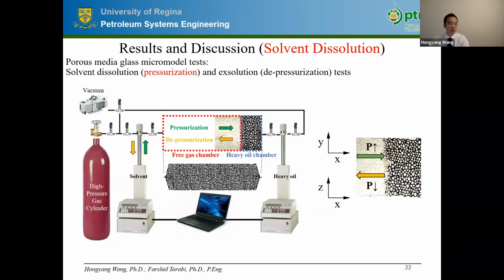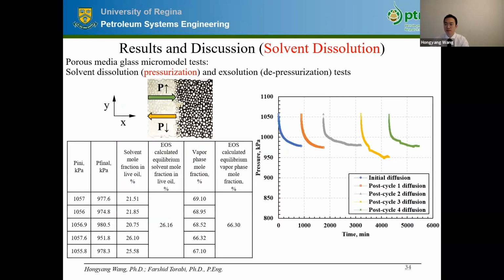By knowing the bubble dissolution rate, we want to upscale to see if this rate can be used in a pressure decay method conducted at a relatively larger scale. Therefore, using the micromodel, we are conducting a pressure decay test by pressurizing the solvent and letting it soak into the oil phase.